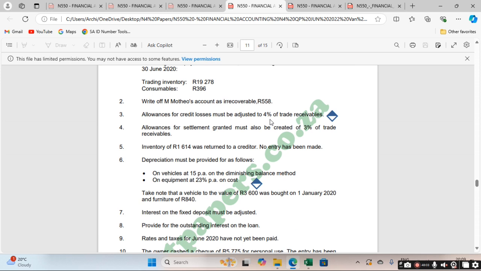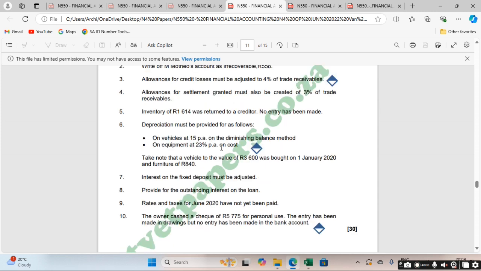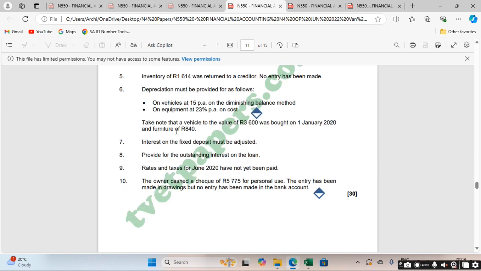So you need to know how you deal with this if it's asked in this way. Also we're having allowance for settlement discount granted, so we also need to know how you deal with this. Also here they say new vehicle and new furniture were bought, so now both vehicles and equipment are being affected.